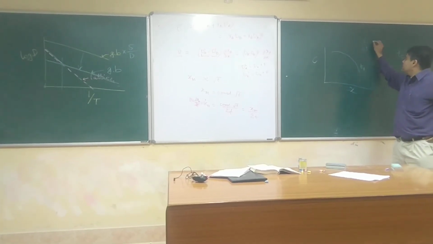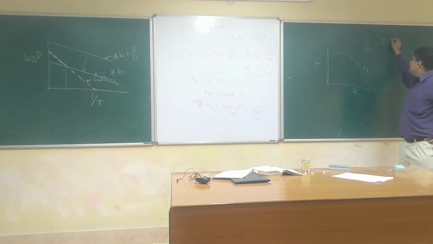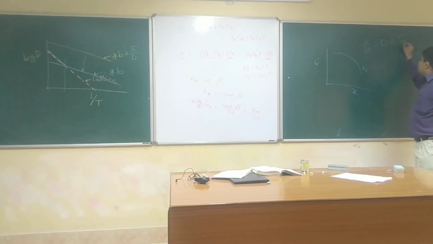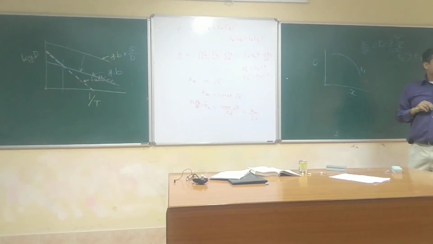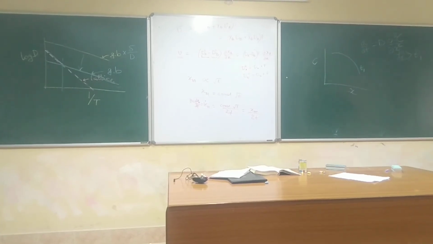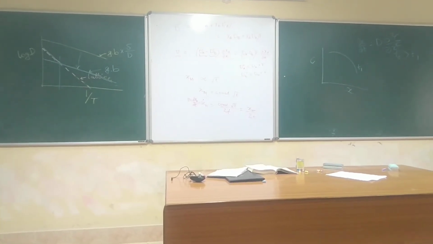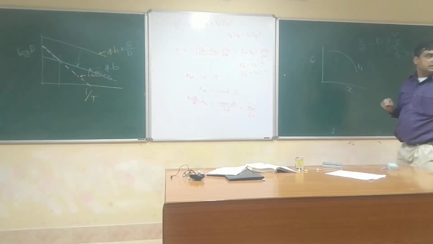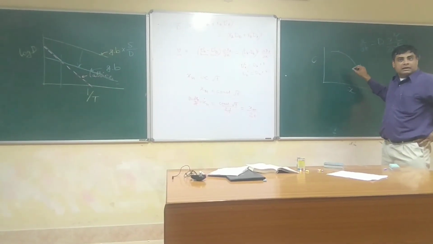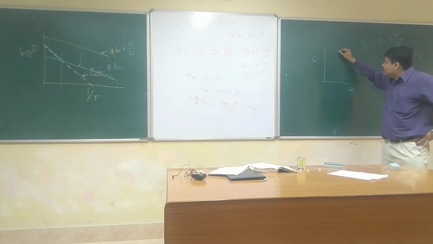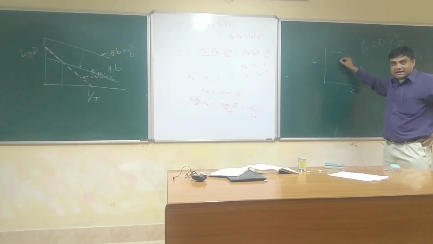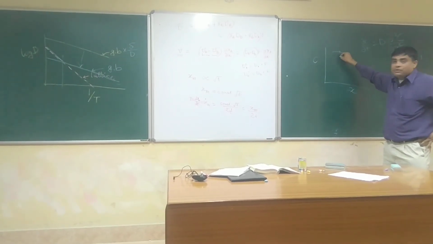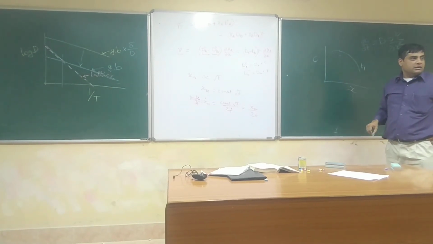What is dC/dt? It is diffusivity multiplied by the curvature of this. Is the curvature positive or negative? Negative. If it is negative, then at any point the concentration will come down after a certain time.